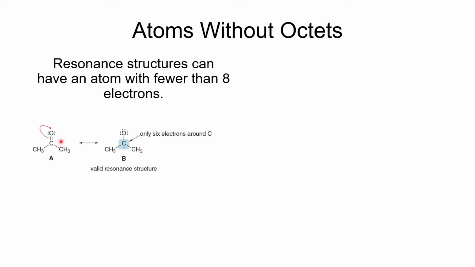You can draw a resonance structure of acetone where you move that pair of electrons out from being the double bond between carbon and oxygen. You put a negative charge on the oxygen and a positive charge on the carbon. Well, that is a valid Lewis structure. If you look at the hybrid structure of acetone, there is a partial positive charge on that carbon. That carbon-oxygen bond is quite polar.